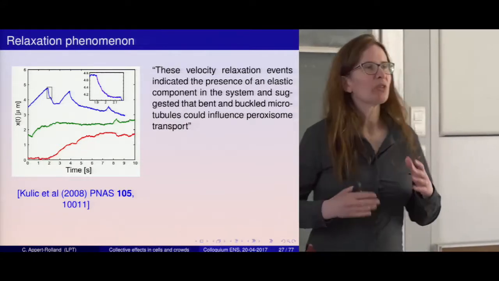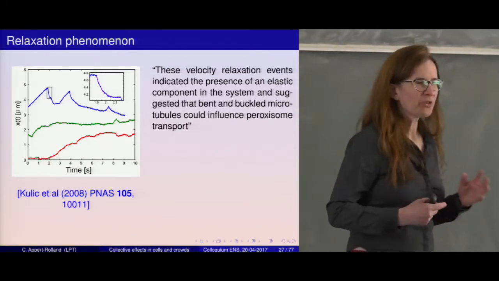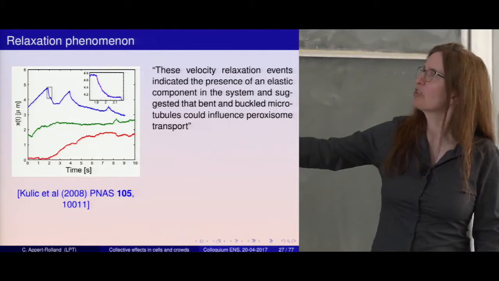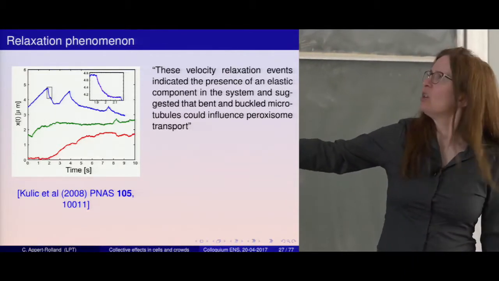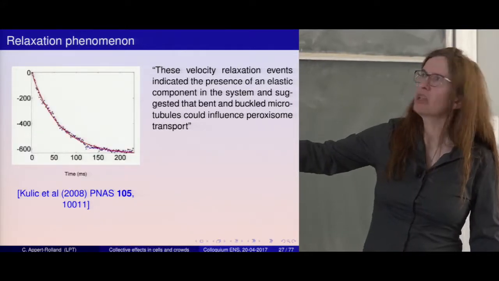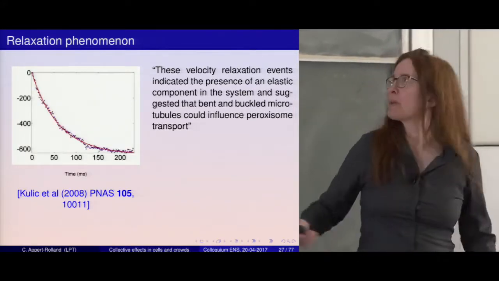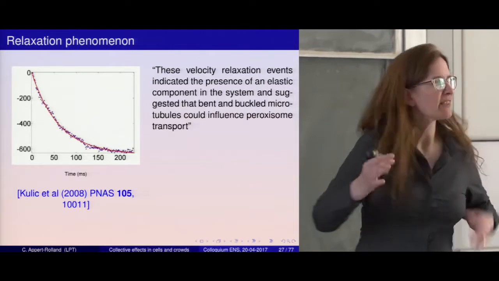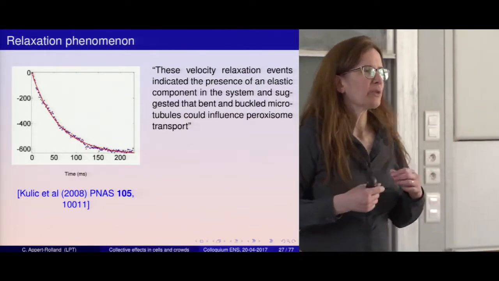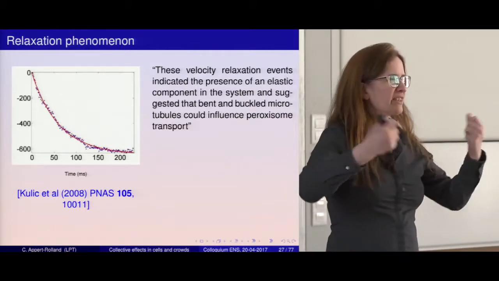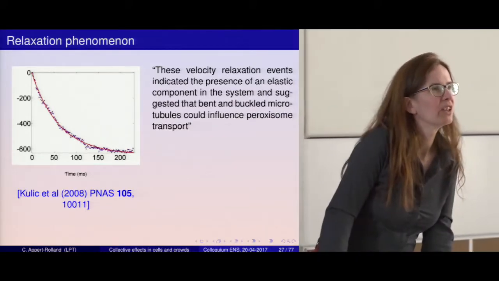There are also some other observations which were made: in the trajectory of these objects, we find some relaxation events which are quite well fitted by an exponential. And people said there is some elastic component there that is relaxed, and again they would say it's because microtubules are bent. How does it come in the model?